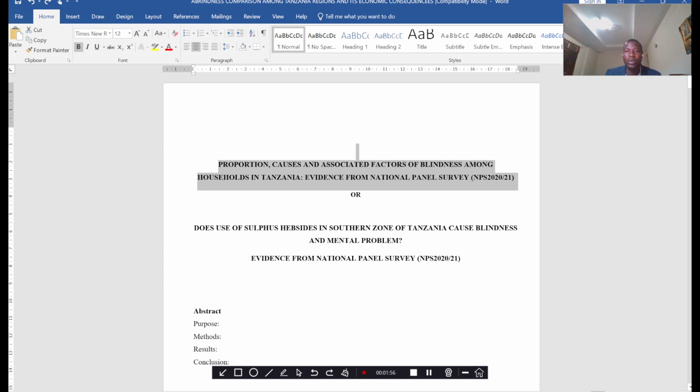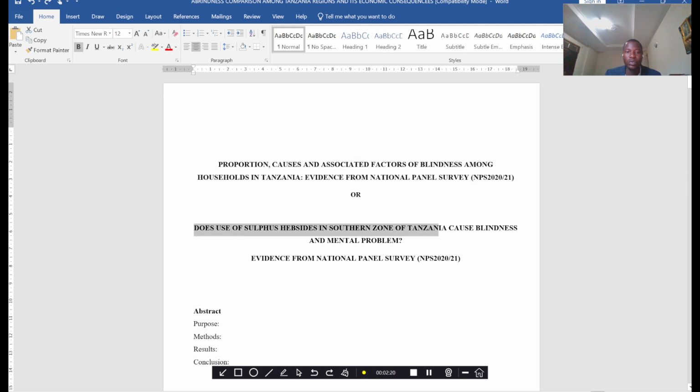Here we need to look typically at the impact of sulfur herbicides in Mtwara, and the links to these herbicides being used on cashew nut production.